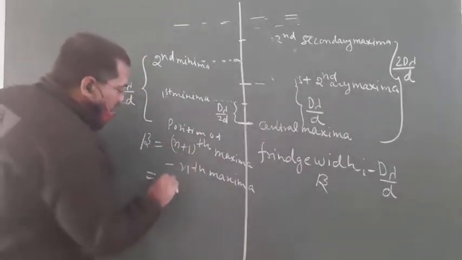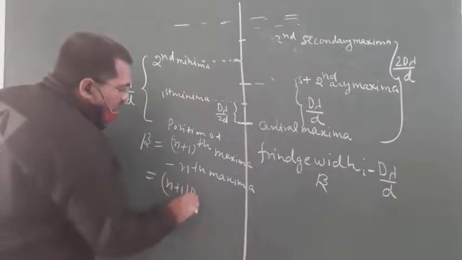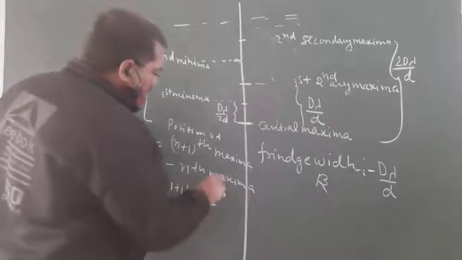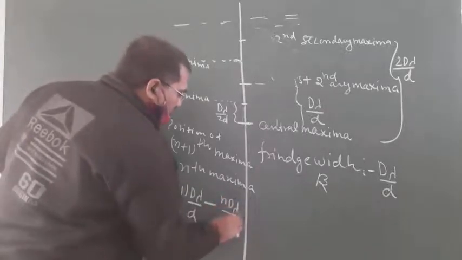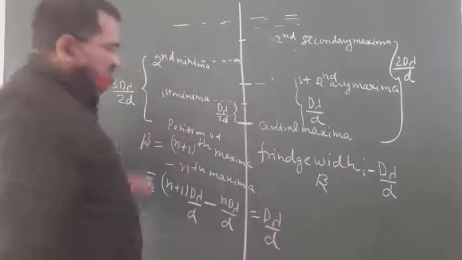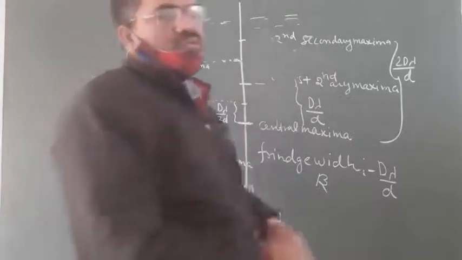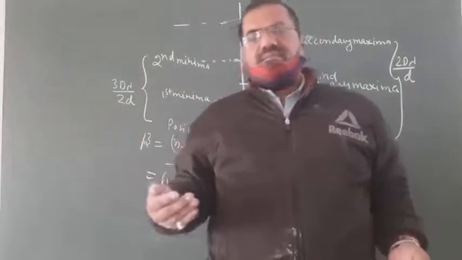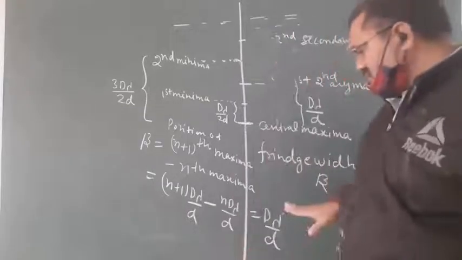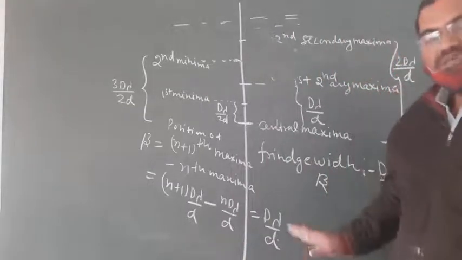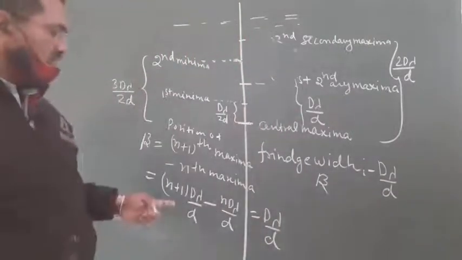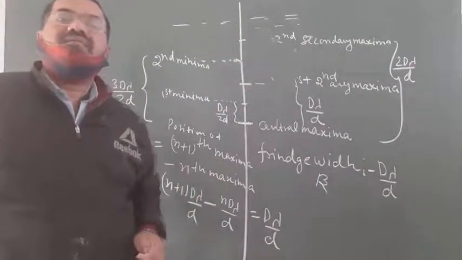The (n plus 1)th maxima is (n plus 1) d lambda by d, minus nth maxima, n d lambda by d. You will get d lambda by d. Similarly, you can write (n plus 1)th minima minus nth minima, and you will get the same value, d lambda by d. So this is called fringe width. Write it down.